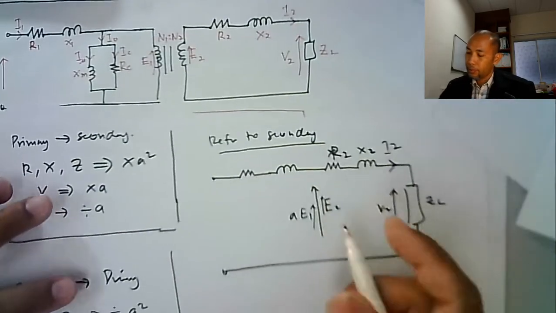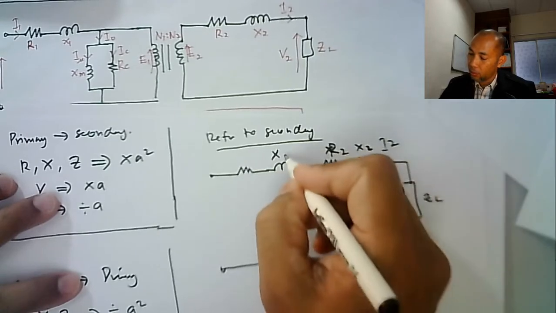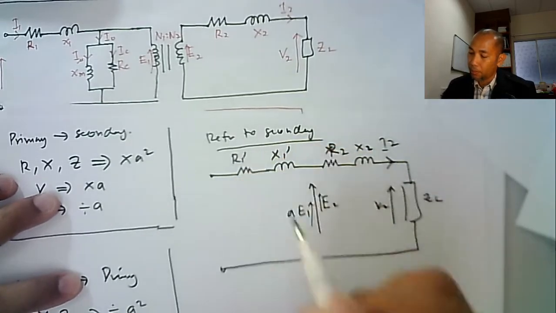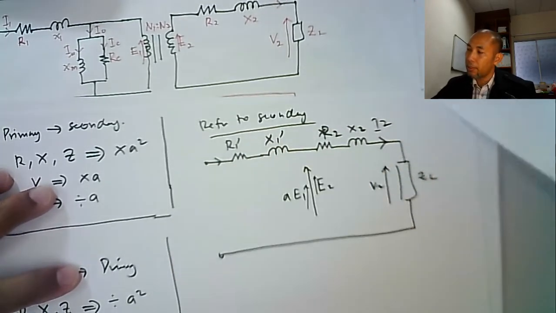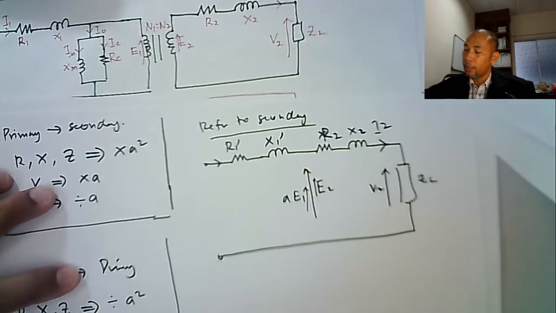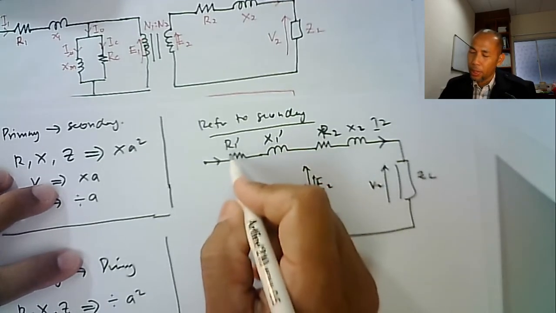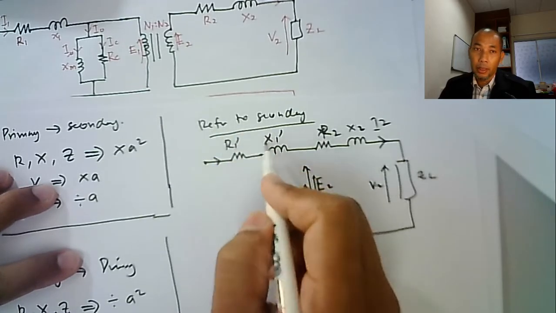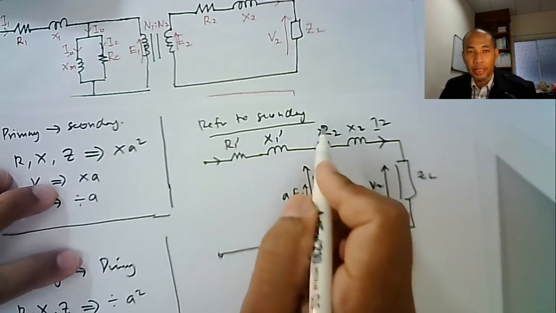Here is X1 prime, R1 prime. R1 is our primary. R1 prime means that we refer to secondary. X1 also, X1 is primary, we refer to secondary.